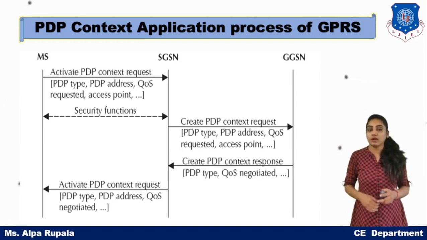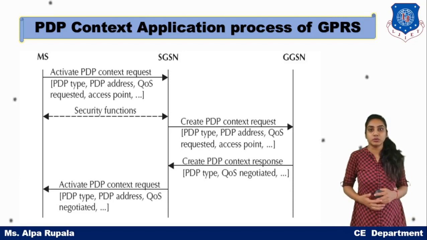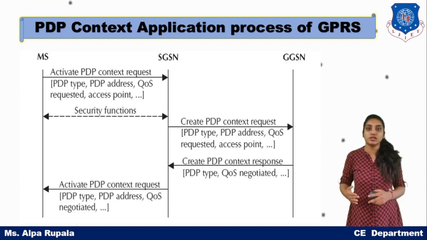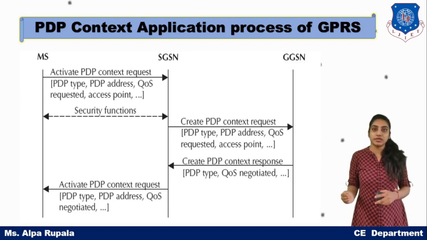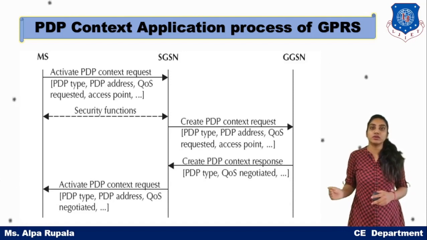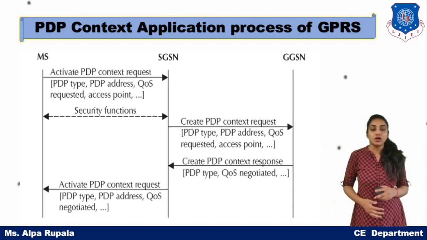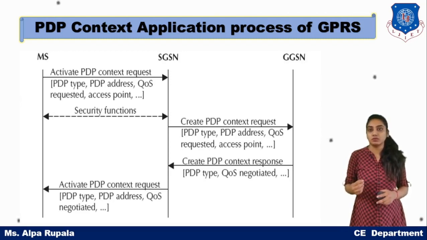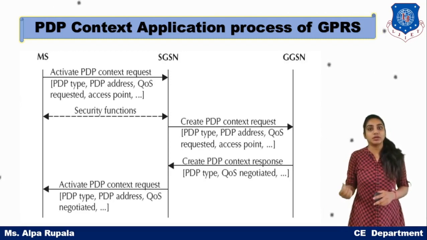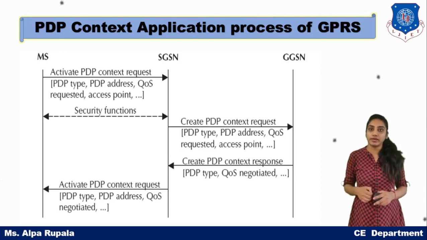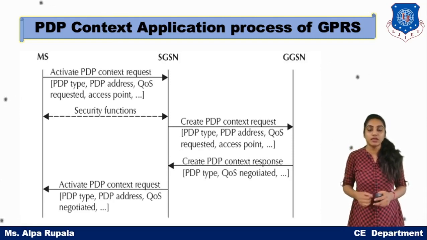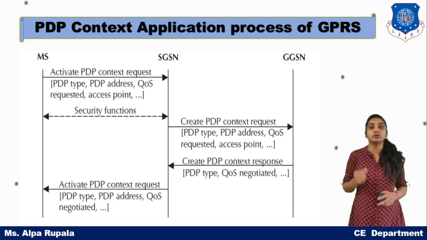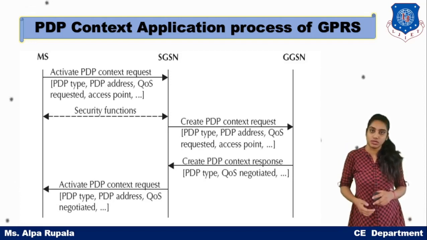First of all, how does this process continue? Your MS will send the PDP context request to the relevant SGSN. Now what will be included in this PDP context request? There will be the PDP type, then the PDP address, then the QoS which we require, and then the access point through which we can communicate.